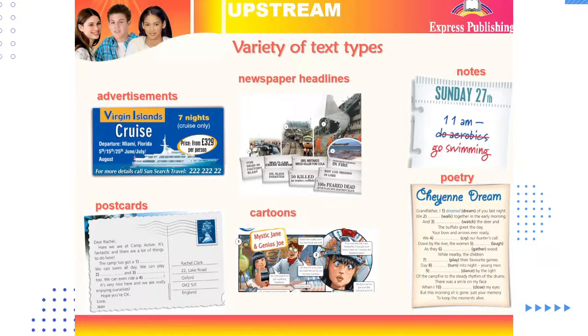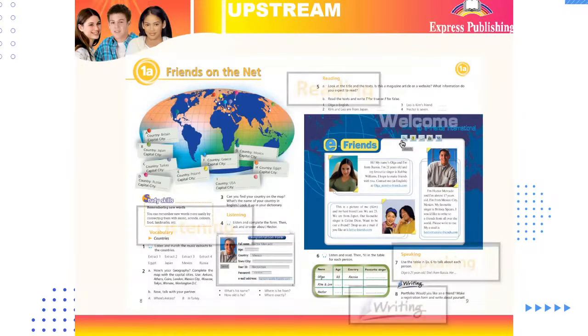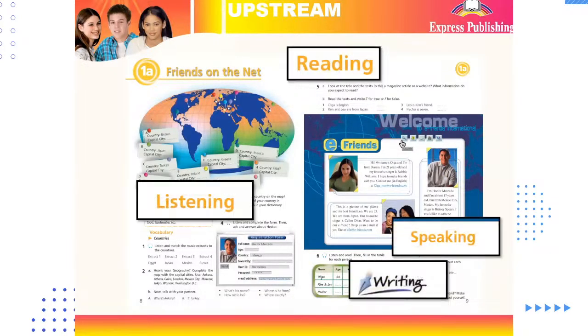In every single module of Upstream, you can find a variety of different reading texts for the learners to develop their skills. What we also see in Upstream, in every single lesson that we encounter, the learners are introduced to some vocabulary. There's also sometimes the option to explore the grammar structures, but in every single lesson, the students will have the chance to perfect their English language skills. So their listening skills, their reading skills, speaking and writing.